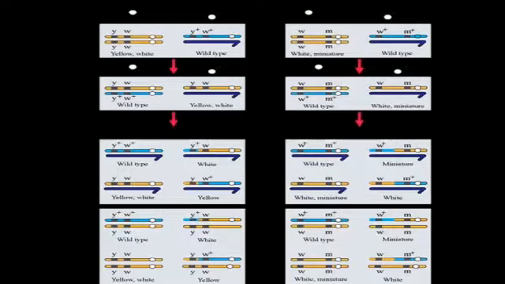Now let's focus on cross B. Here he considered 2 characters, eye color and wing size, that is, here you can see miniature. So he crossed a white miniature female with a wild type male and got a wild type female and a wild miniature male.